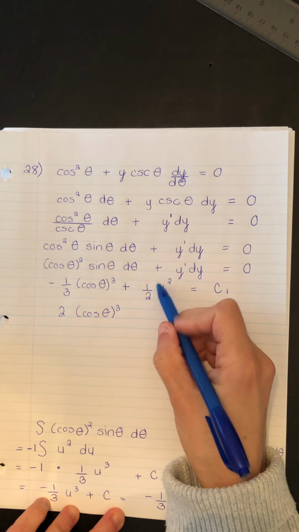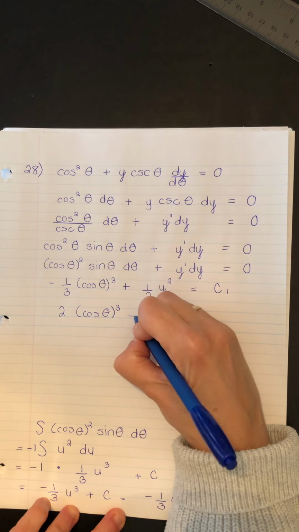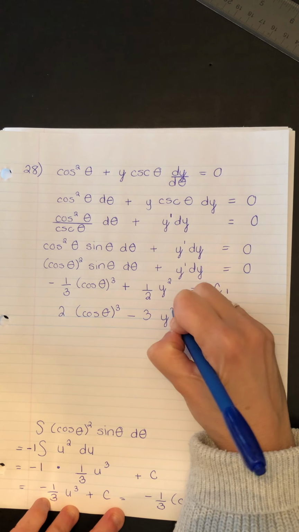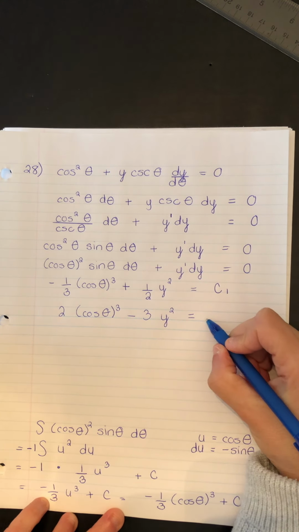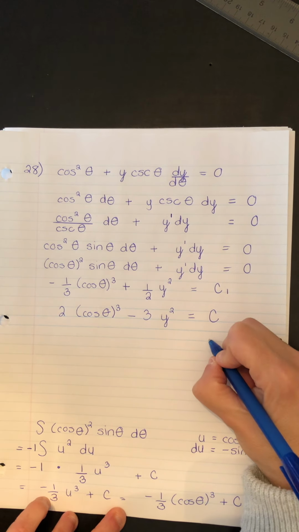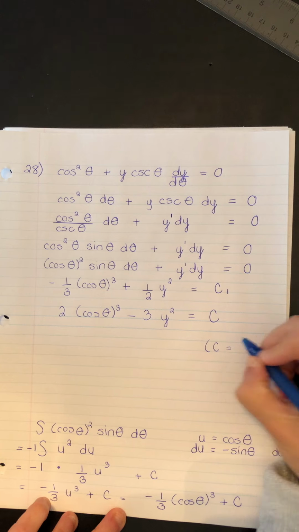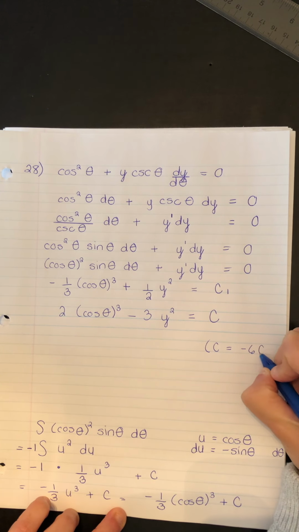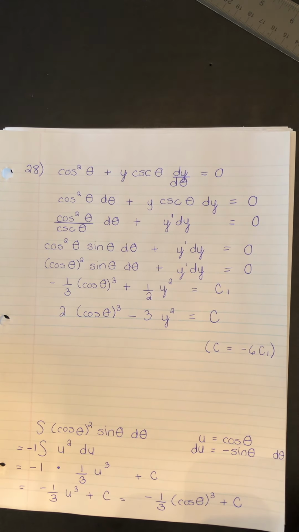Right here we're going to multiply by -6. So that'll be -3. And here we would have -6 times C1, which can just be the new constant called C. So I'm going to write here, C is just -6 times the original C1. And that problem is now solved as well.